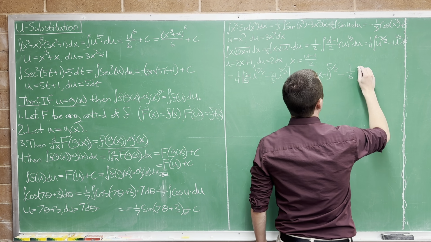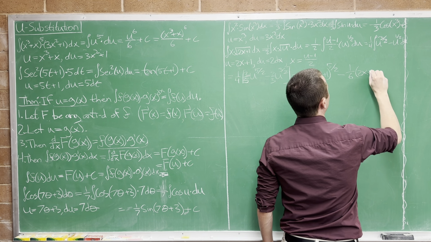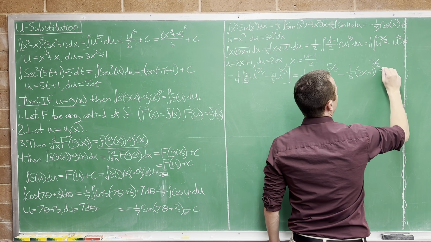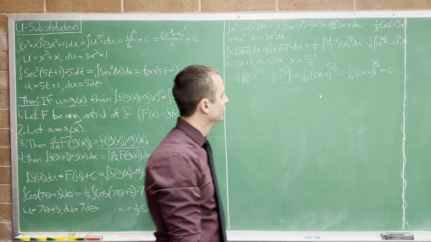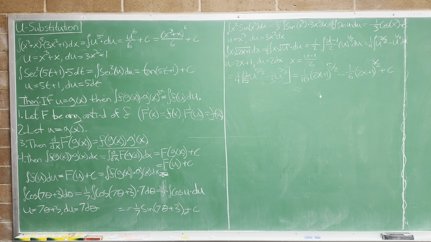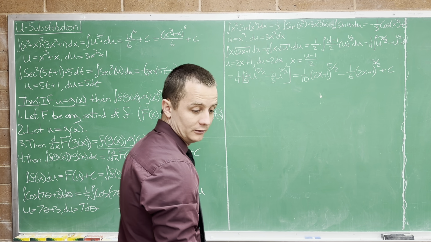So 1/6 times u to the 3/2, and then plus our constant. And so there's our answer, hopefully. 1/10 times 2x plus 1 to the 5/2 minus 1/6 times 2x plus 1 to the 3/2 plus c. Yep. Sweet.